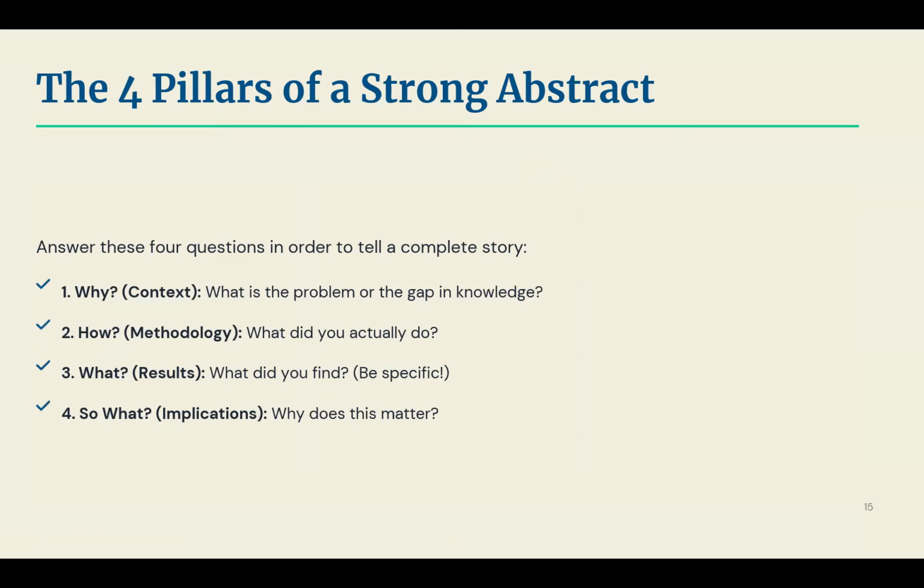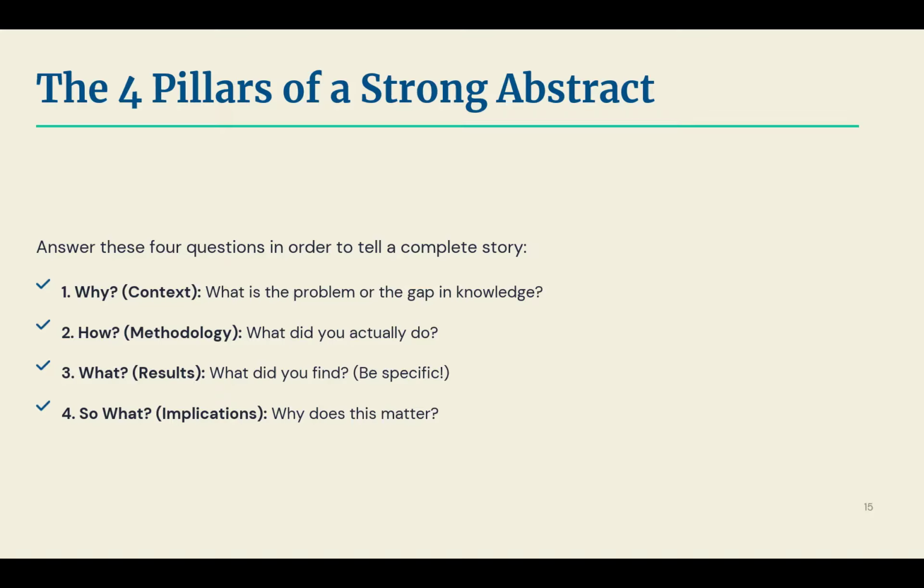Now, to make an abstract very strong, the literature says there are 4 pillars. There are 4 pillars that make your abstract so strong. What are they?